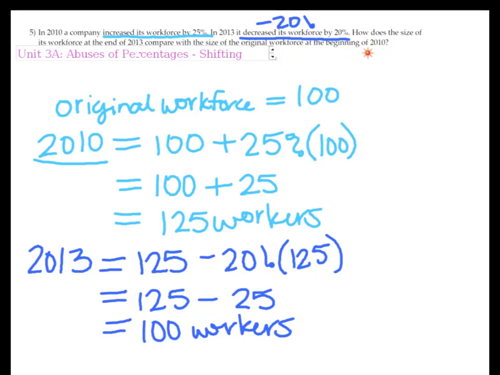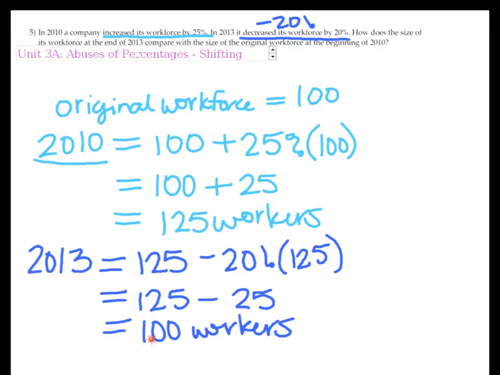So at the beginning of 2010, we said that the original workforce was 100. And please note that this amount of 125 workers is the amount of workers at the end of 2010. But at the beginning it was 100.